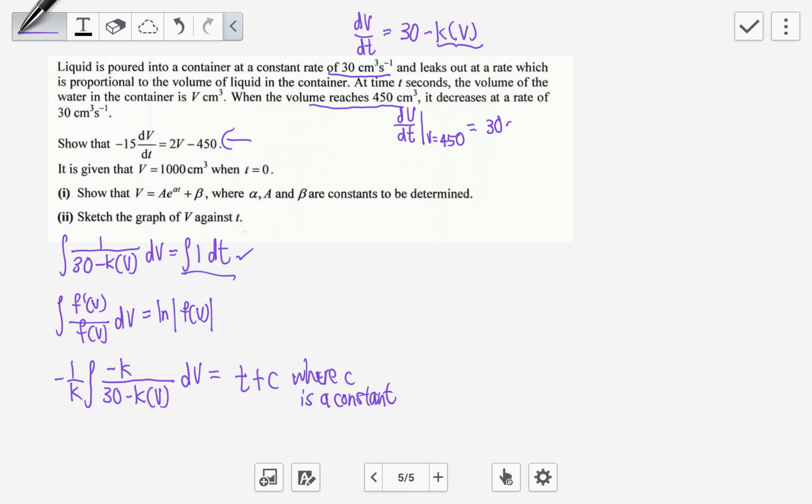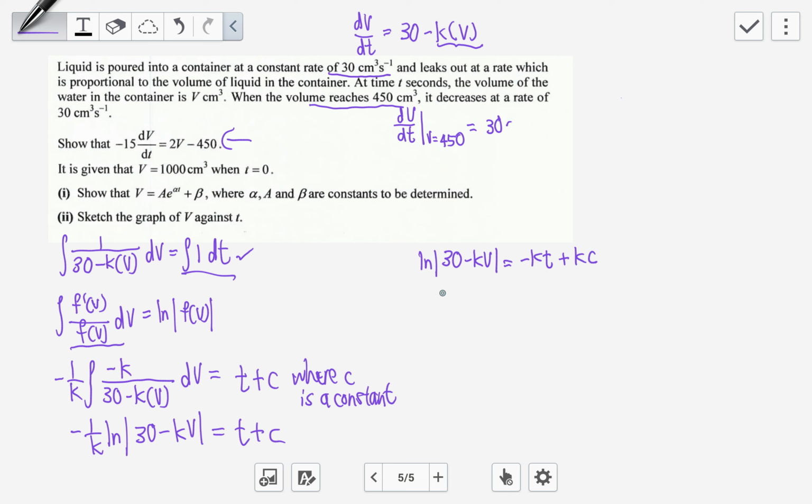So on the left hand side, we have changed it into such a form that we can apply this formula here. So it's minus 1/k ln modulus of the denominator, 30 minus kV, equals t plus C. Next step, we multiply the minus k over, so you have ln|30 minus kV| equals minus kt plus kC.